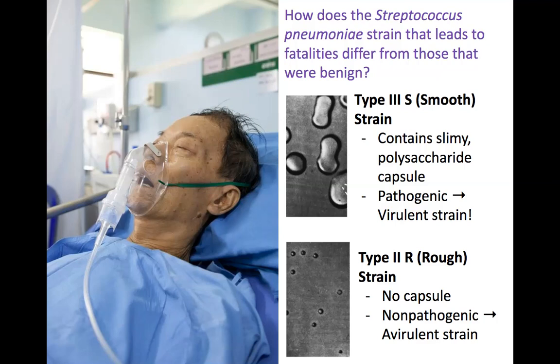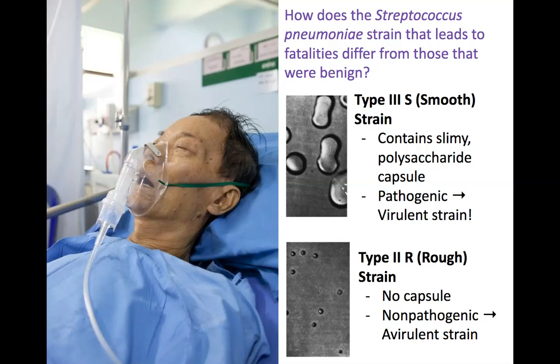The smooth one contains a slimy polysaccharide capsule. It is far more pathogenic, meaning that it can cause fatality. It is much more virulent. Type 2R, the rough strain, which is a different form of the same bacteria, does not contain a capsule.